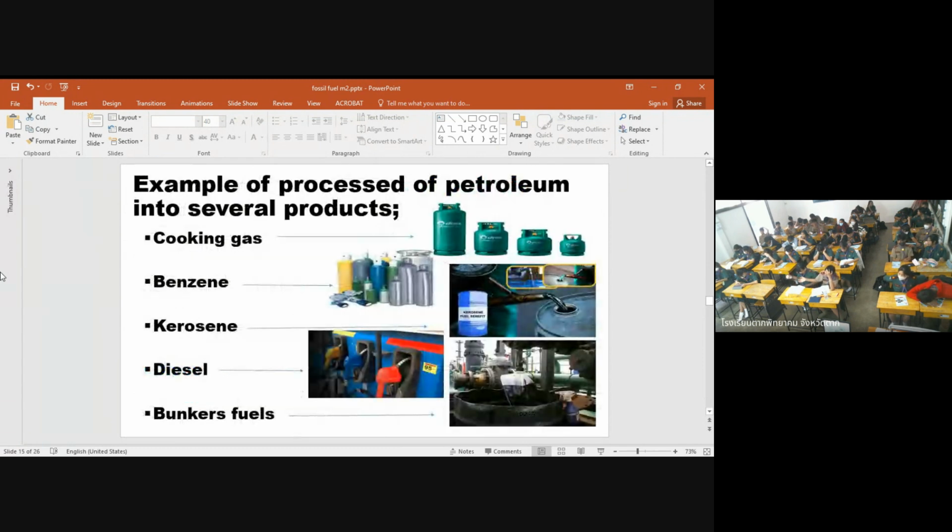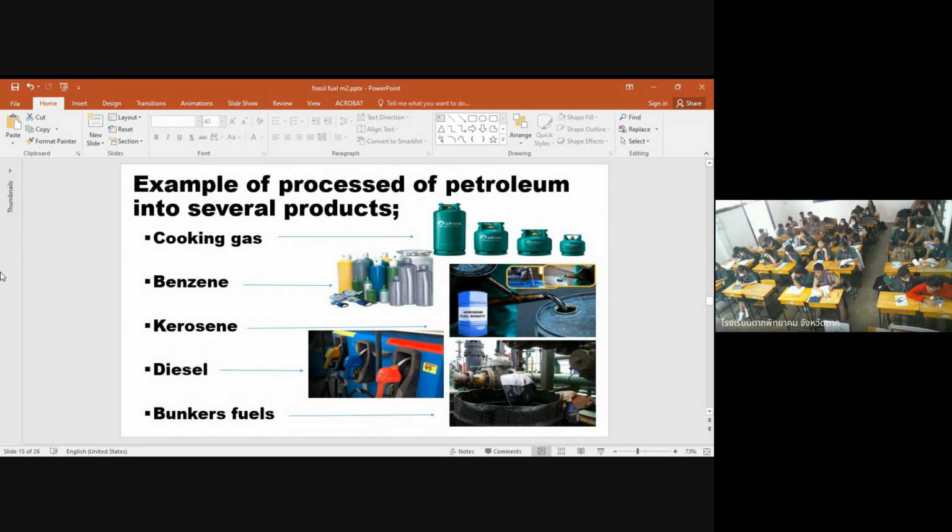So, an example of the process of petroleum into several products. Number one, we have your cooking gas. Benzene is also one of the cooking gases, but I think it's very high in gas.